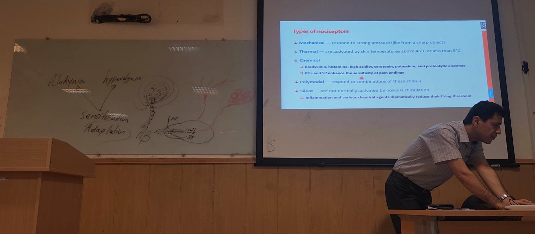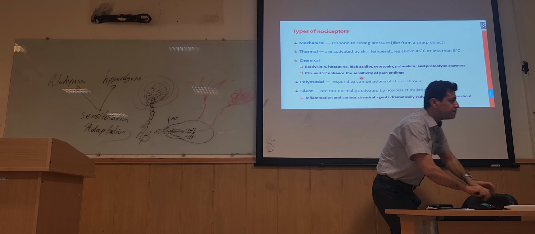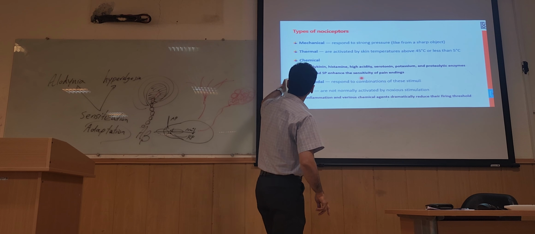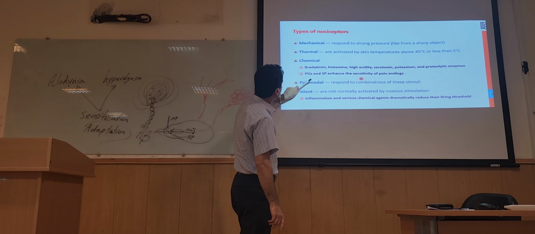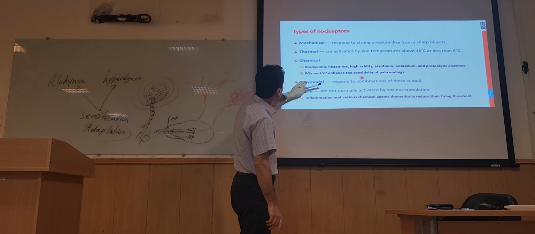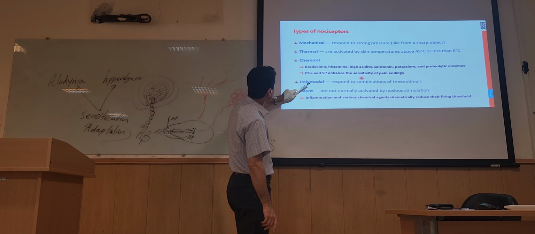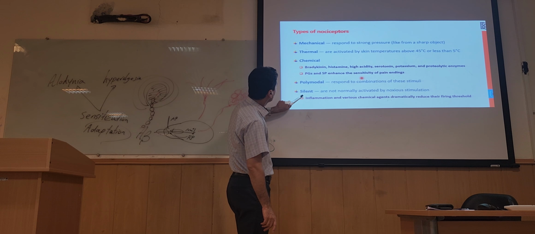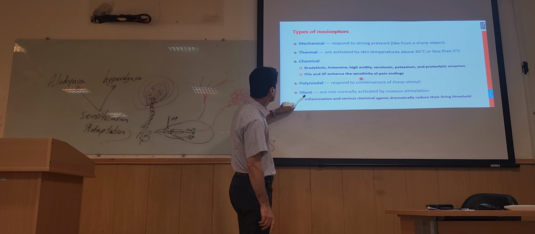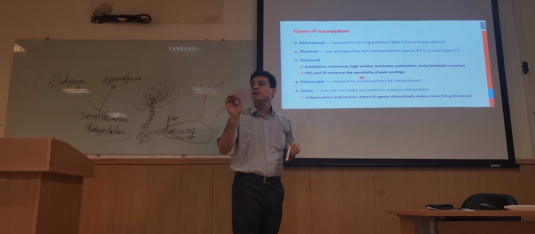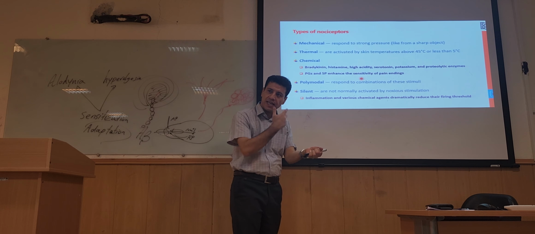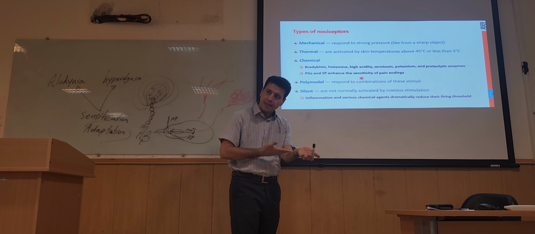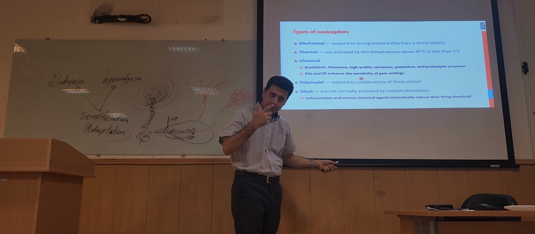Different types of nociceptors: we have four types. Mechanical, thermal, chemical. Another name for the chemical nociceptor is polymodal. Mechanical is sensitive to mechanical injury: a cut in the skin, pressure, punching.